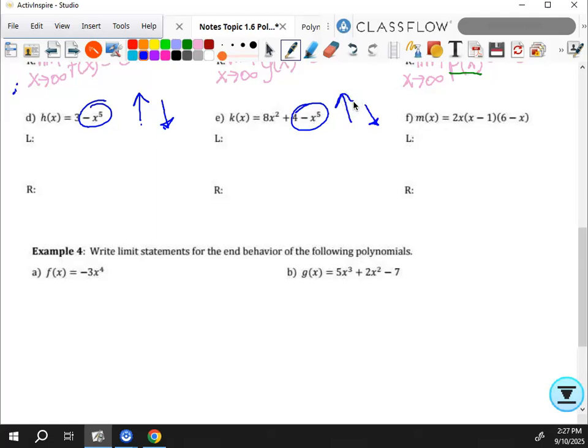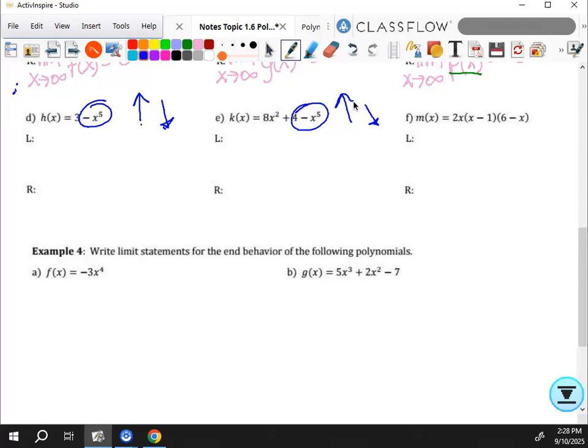F is tricky. Okay, when you form your question, let me know. All right, F, right-hand side. Infinity or negative infinity? Okay, but on has to do with the left side.